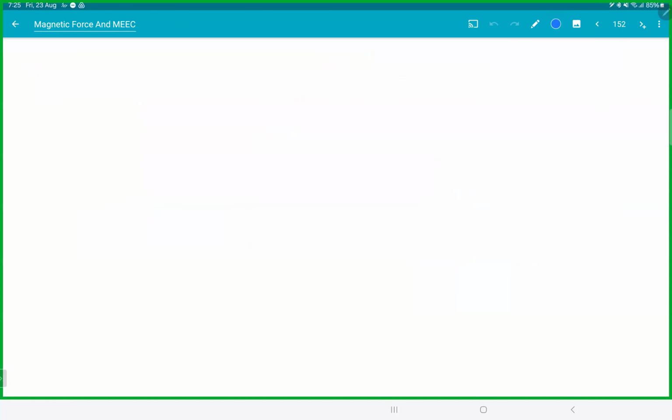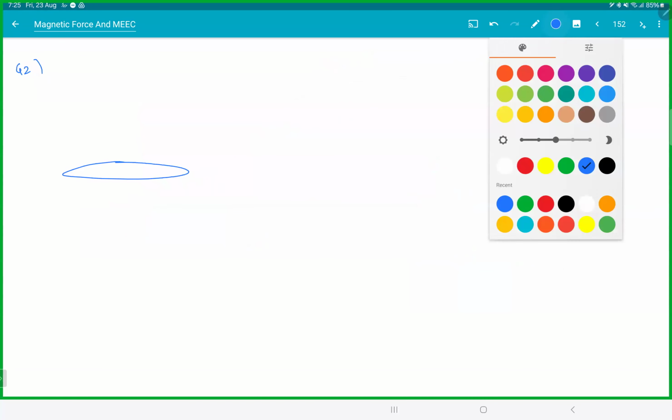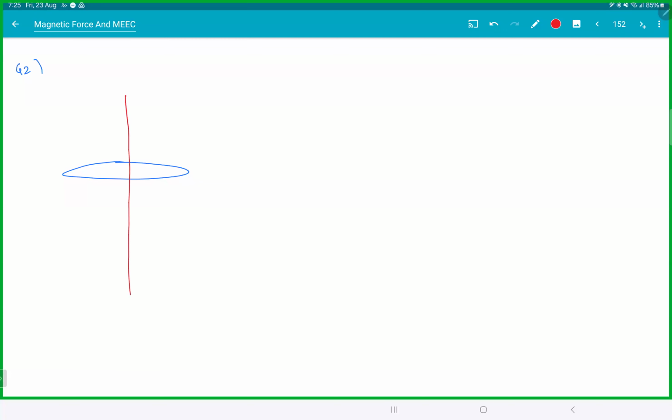Let's see something else. We have a loop here. We have a current wire. It is going like this to infinity. This also is going to infinity. Then it takes a turn. So there's a battery at infinity there.